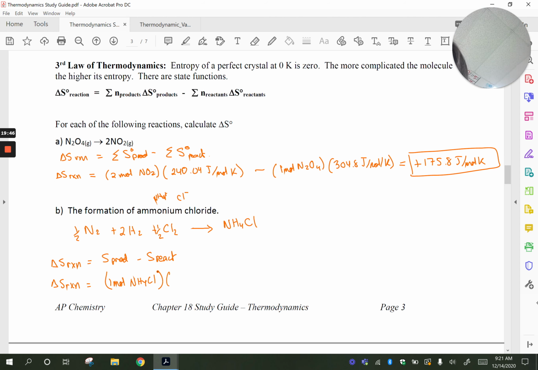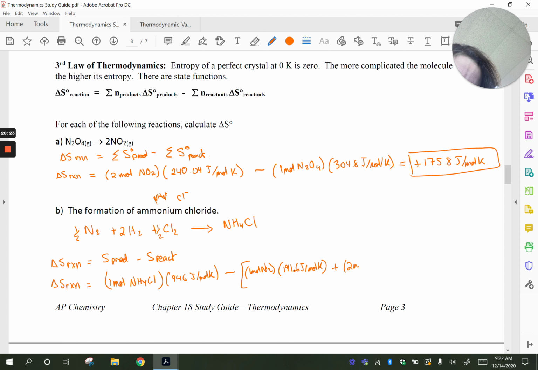Let's actually calculate it. So NH4Cl is 94.6 joules per mole Kelvin. Then, oops, it's not a plus. So this is my product. Then we're going to subtract the reactants. So we have half a mole of N2. The value for that one is 191.6 joules per mole Kelvin.